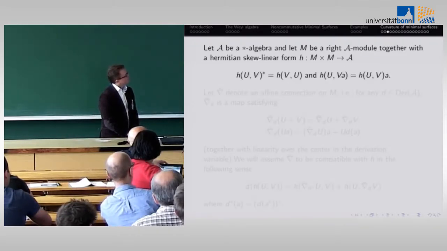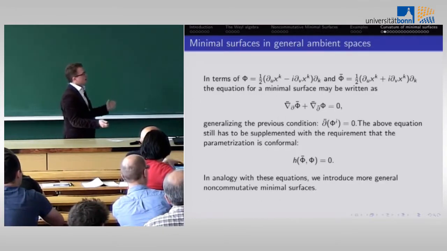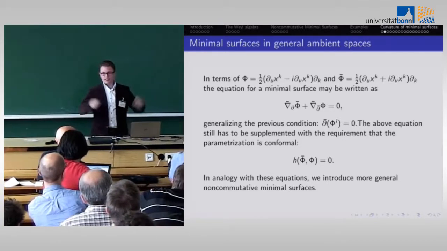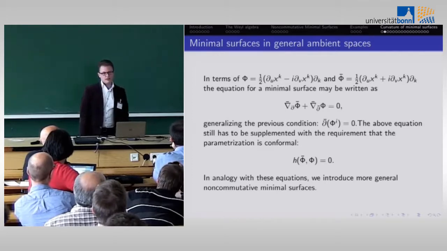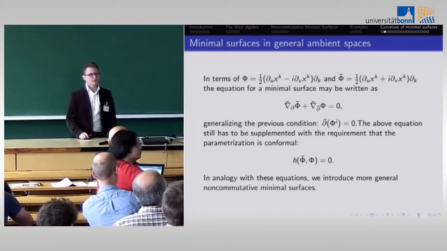So let us just fix some notation for what we want to do now. Now it's sort of obvious what we want to do, I hope. You want to take some module with some connection, and you demand these two things. And you call that a non-commutative minimal surface. What is small h?